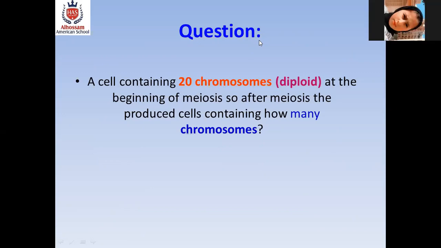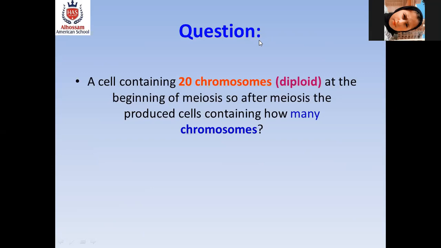Maybe I don't know, but each cell will get 20 chromosomes. After meiosis, we start with a diploid cell, 2N, 20 chromosomes. After the second meiosis, we have 4 cells, and each cell has half the number. So half of 20 will be 10 chromosomes.